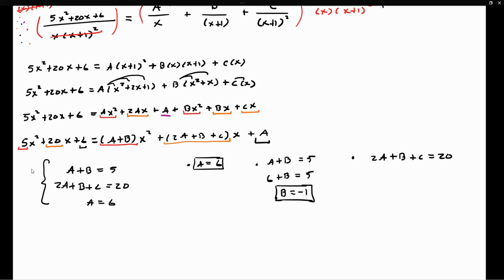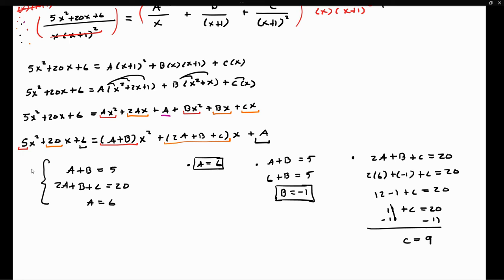Now if I plug in 6 for a, and -1 for b, I'm going to get 12 minus 1 plus c equals 20. So now this becomes 11 plus c equals 20. Take away 11, take away 11. So now I know that c is equivalent to 9.